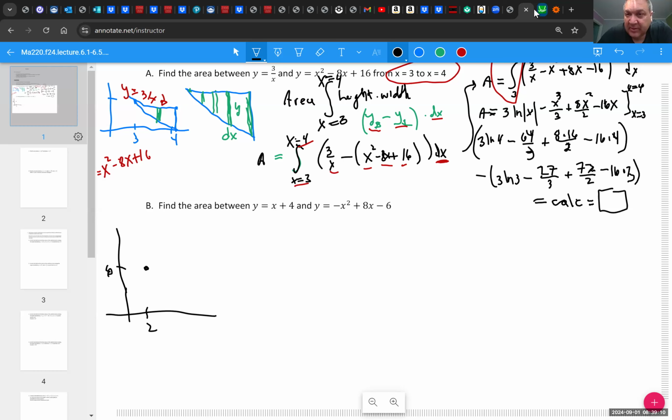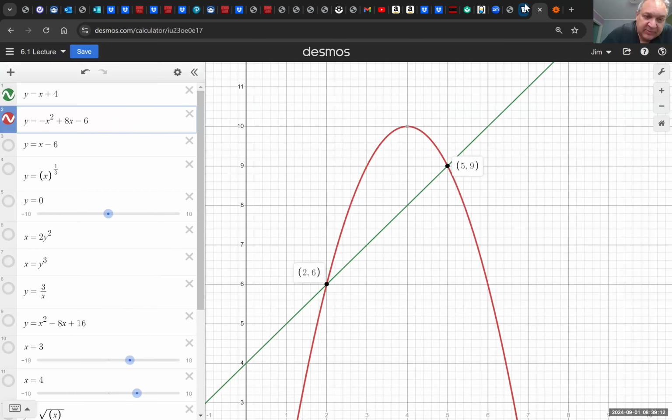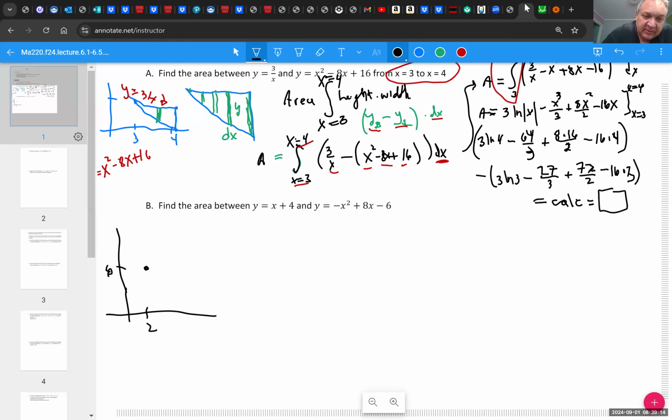The other was 5 comma 9. So I'll pretend 5 is over here and 9 is up here. And boom. And we had a parabola looking thing, and we had a straight line looking thing, and our region is there.